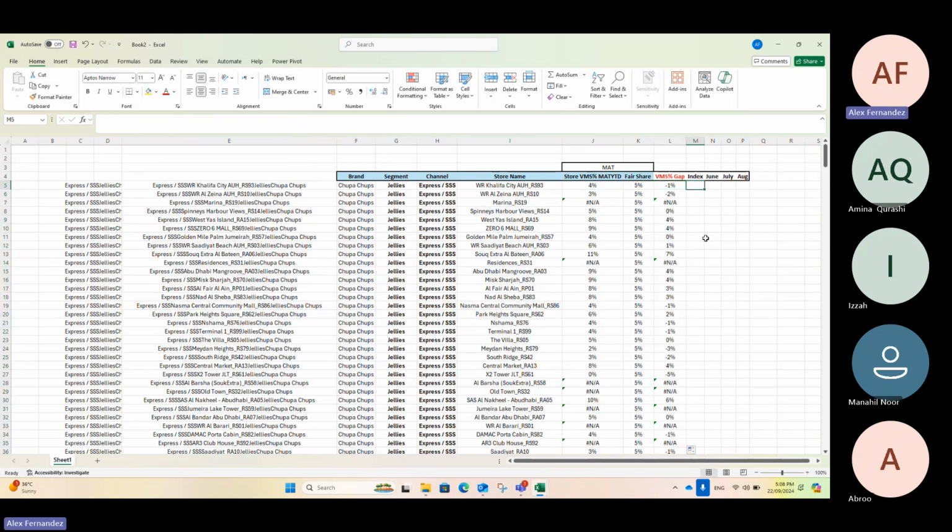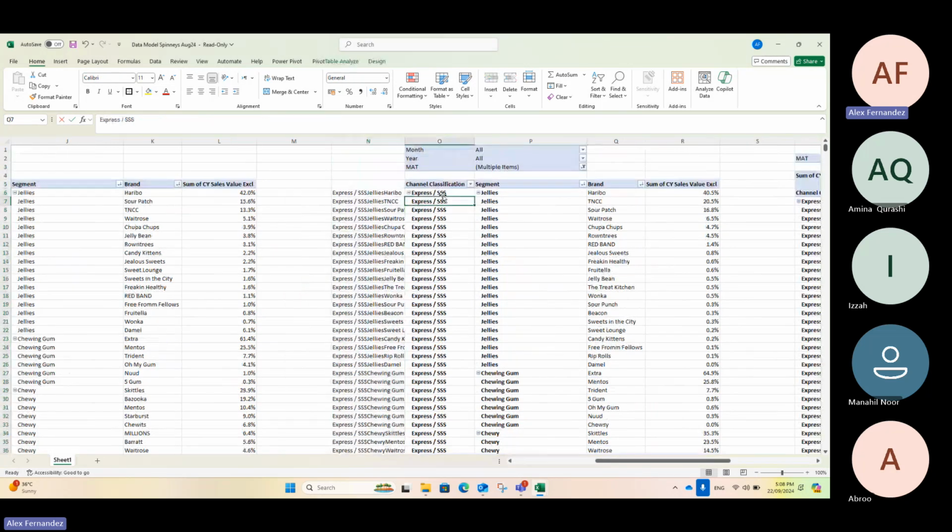How do we calculate the index? Can you repeat this? It's not clear to me, how you calculated the fair share? So the fair share is the national average, in other words, by channel. So in express channel, in jellies, the market share for Chupa Chups in all express stores is an average of 4.7%. All right. So this is the fair share for Chupa Chups and jellies in express.